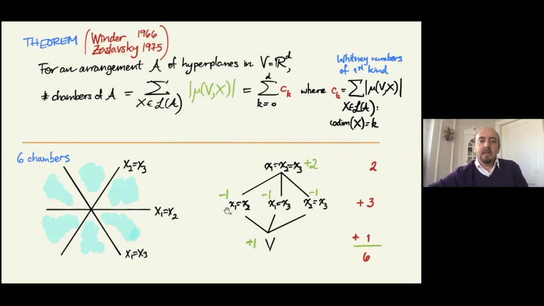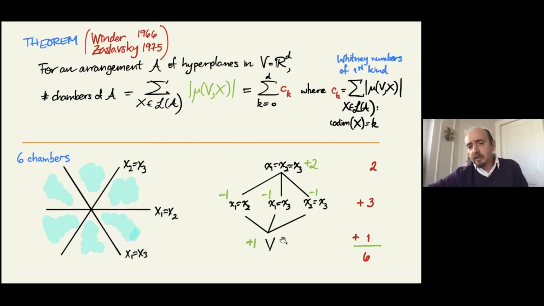And here's an example. For this arrangement that I drew, here is the intersection lattice. The whole vector space V, which was R2, is at the bottom. In this example, this is a picture in R2, but it's a projection from R3 of the hyperplanes where x1 equals x2, the first and second coordinates are equal, x2 equals x3 is this hyperplane, and then x1 equals x3 is this hyperplane, projected from R3 to R2.